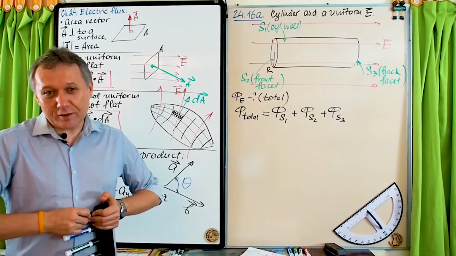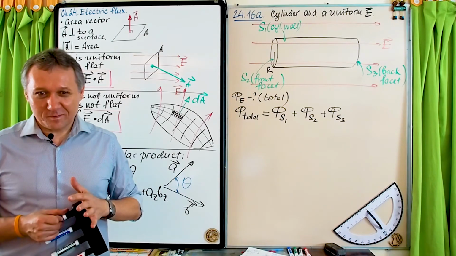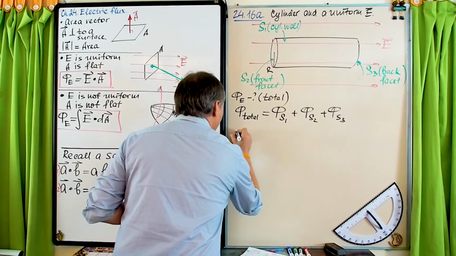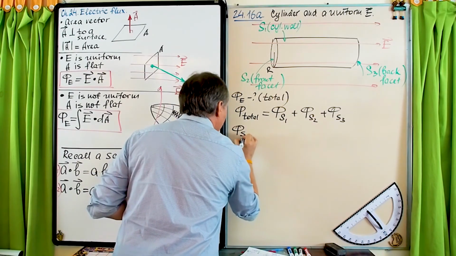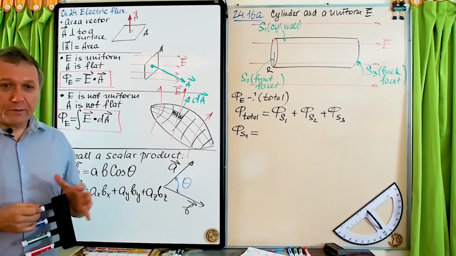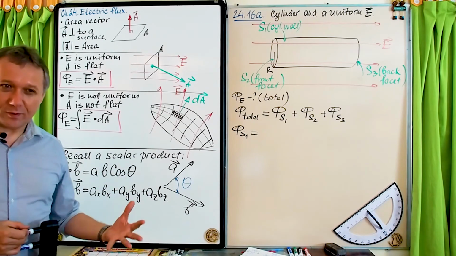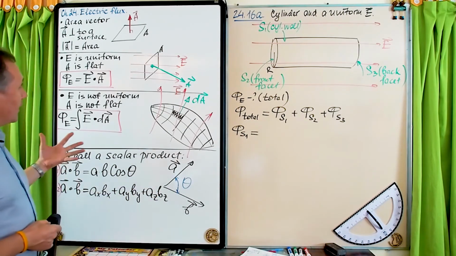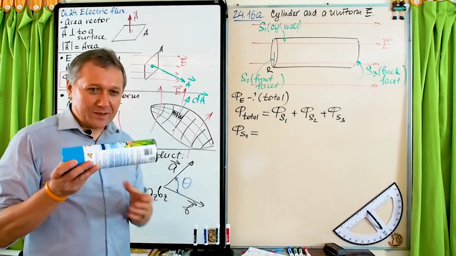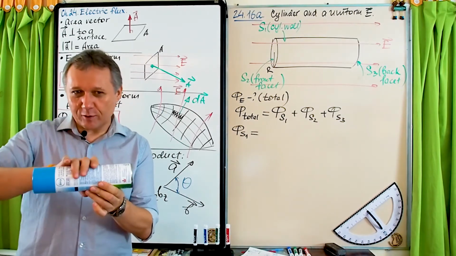Now let's look separately at each of these fluxes. Let's start with S1. Let me do it underneath. Flux through the surface S1, the wall. First of all, we need to decide which formula can or should be used. The cylindrical wall is no longer a flat surface. I don't have to convince you of that.